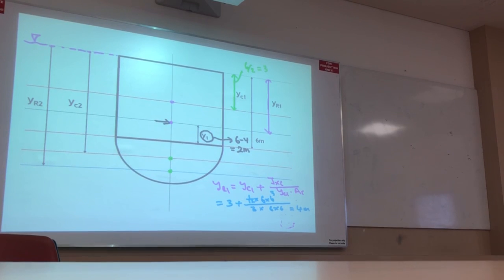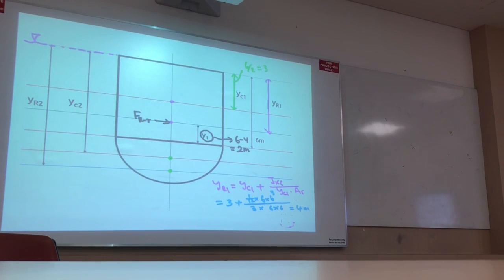Right? So this one is Fr of the rectangular shape. What is the value of Fr for the rectangular shape? Tell me. Fr is rho g hc times area, right? What is rho g? 9800.